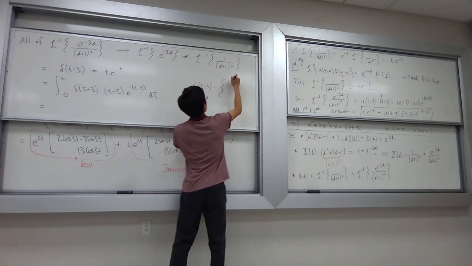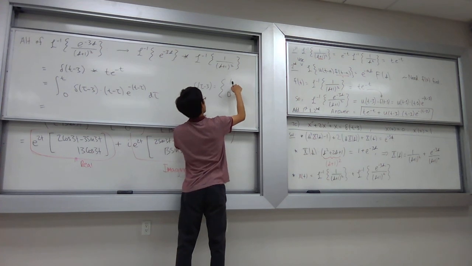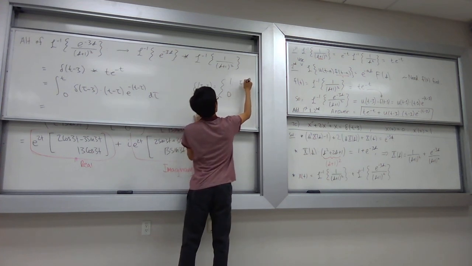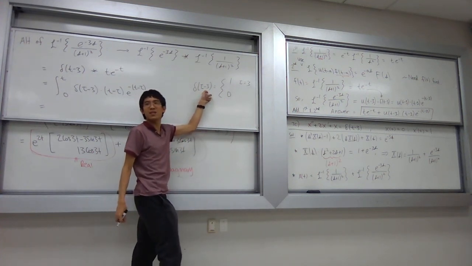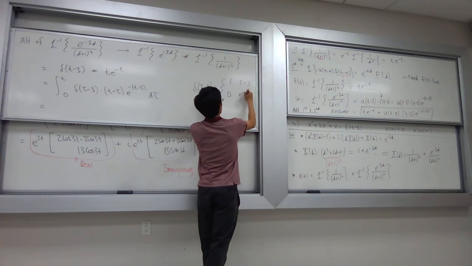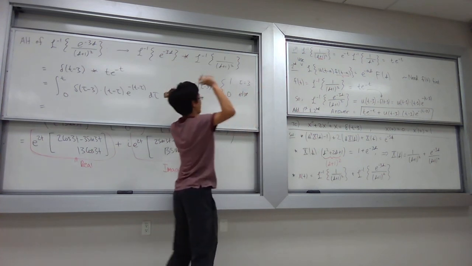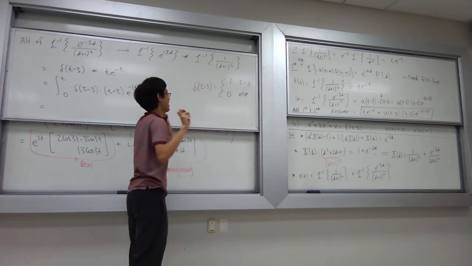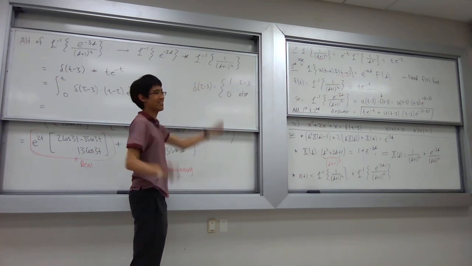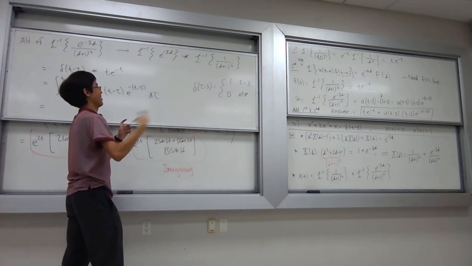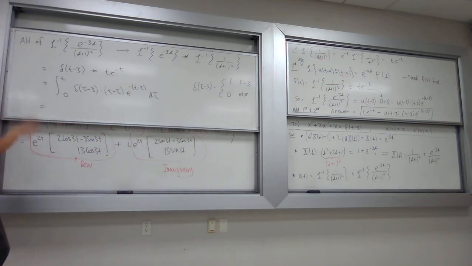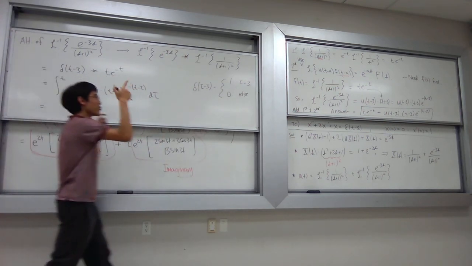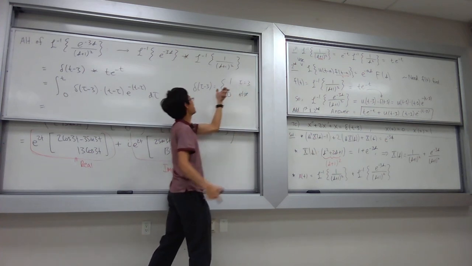It's similar to the Heaviside, it's only 1 and 0, but when is it 1? Almost. You want this to be 0, so it has to be positive. And it's 0 otherwise, or at least that's how it looks. Delta is really a bad function. If you study graduate PDEs, it's a bad function. Anyways, beside the point. All it does is it's 1 only at the time that it's 0.